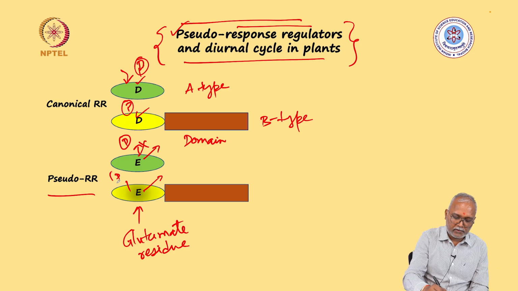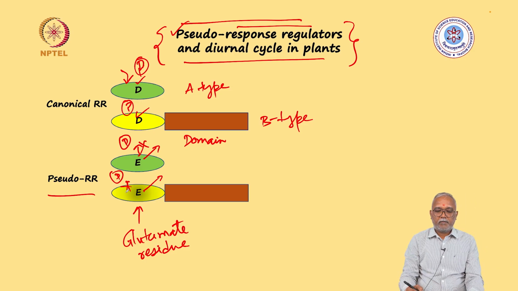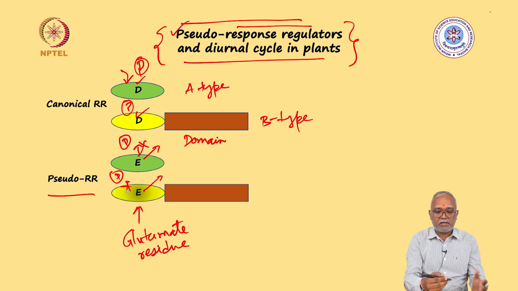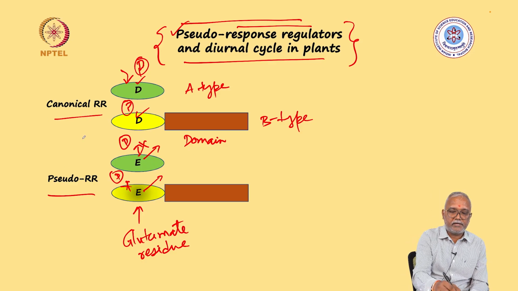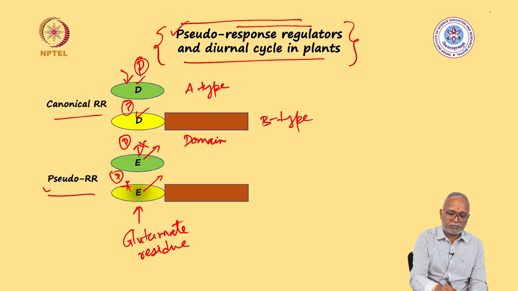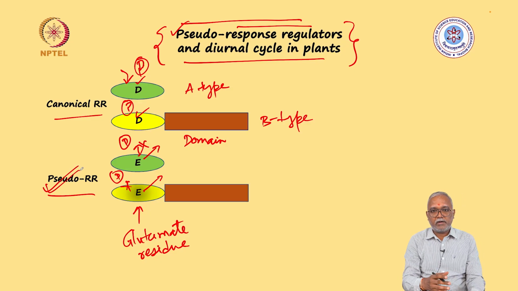Phosphate group receiving is inhibited, because of which it will not help the canonical process. It will need some other receptor or some other response regulator to mediate the process. So we saw multiple different types of response regulator, a master regulator, and so on. Such pseudo response regulators not only diverge the signaling but also sometimes serve as a competitor to inhibit the signaling or block the signaling when it is not required.